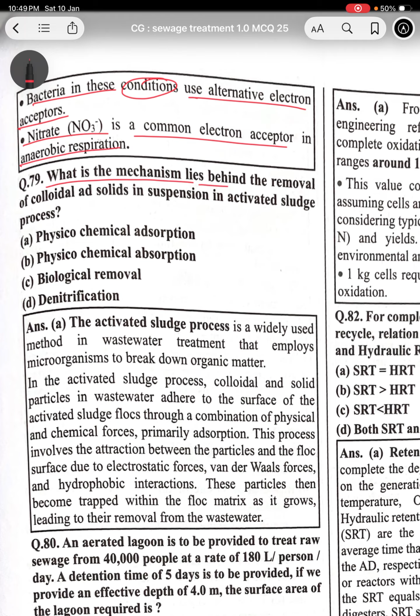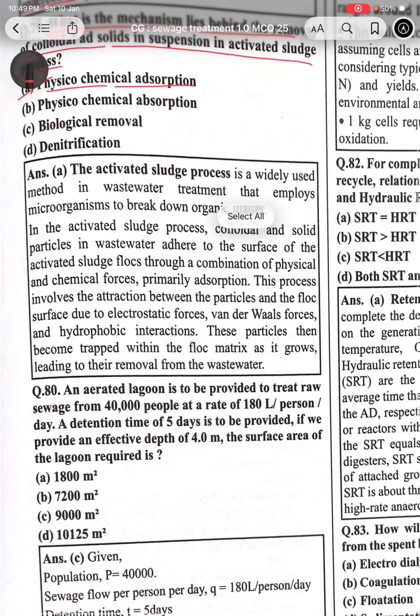What is the mechanism behind the removal of colloidal and suspended solids in the activated sludge process? A. Physicochemical adsorption. The activated sludge process is a widely used method in wastewater treatment that employs microorganisms to break down organic matter.